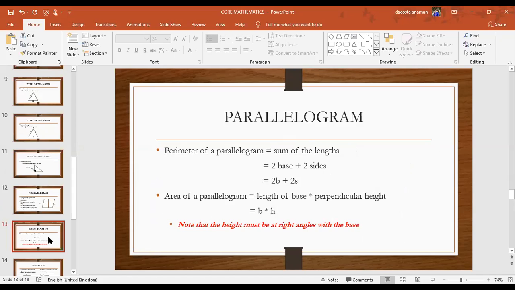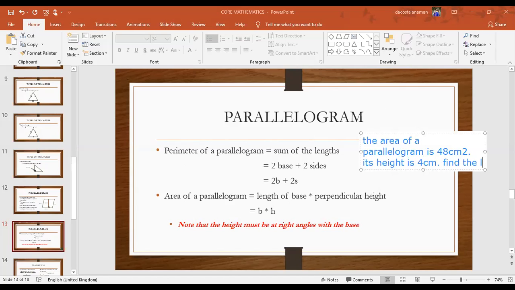I'll be giving you questions and you solve them. Okay, so the area of a parallelogram is 48 centimeters squared. Its height is 4 centimeters.